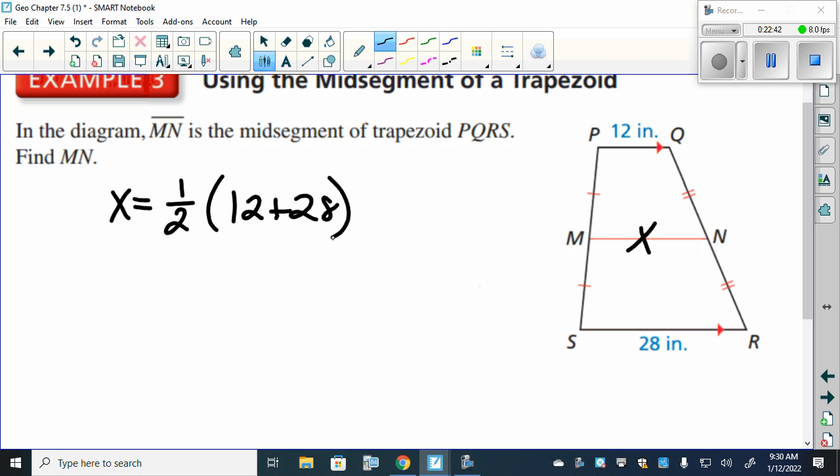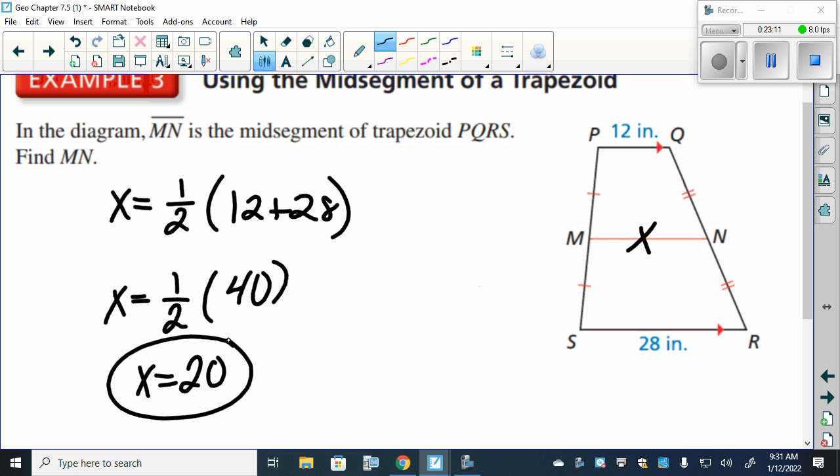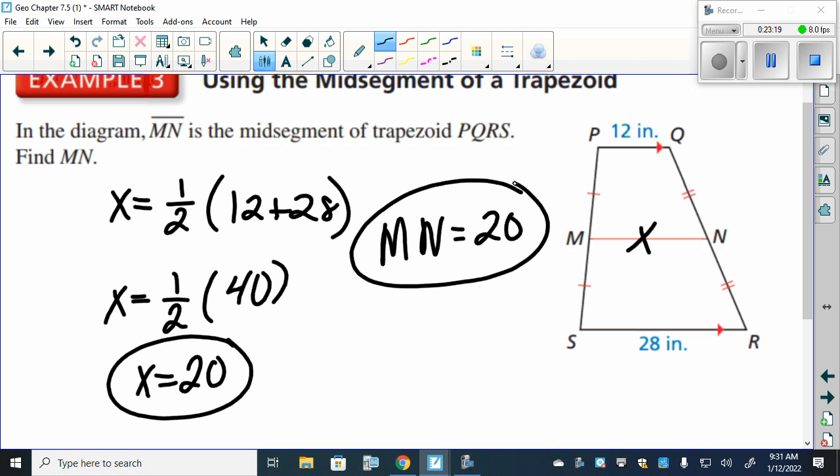Because we could say that MN is equal to half of PQ plus RS, because that is exactly true by the definition. But realistically, it's also just telling us that the missing length is equal to half of 12 plus 28. Yes. X is equal to 1/2 of 40. So X is equal to 20. So MN is equal to 20.